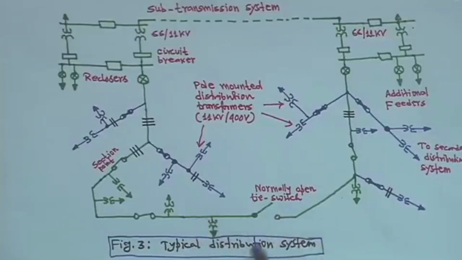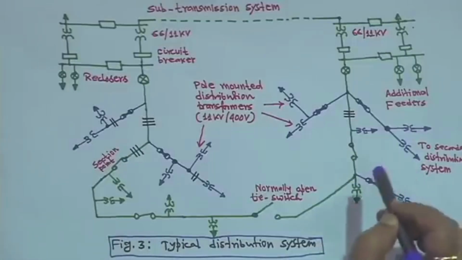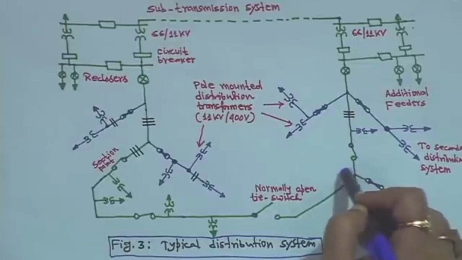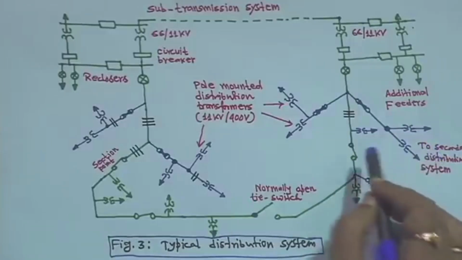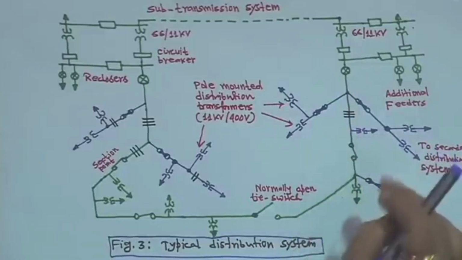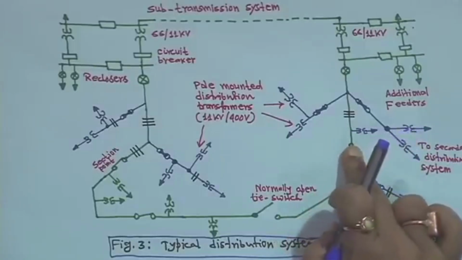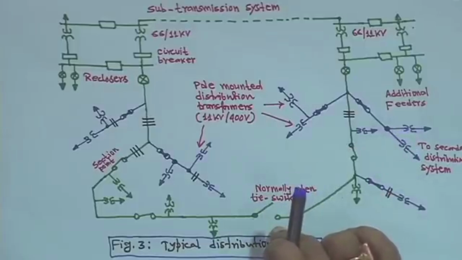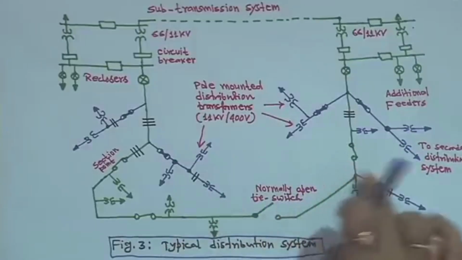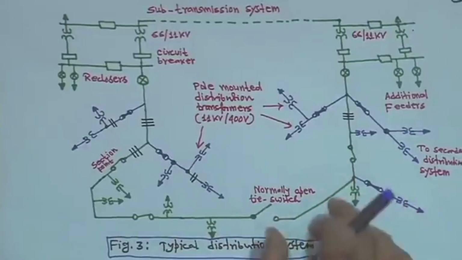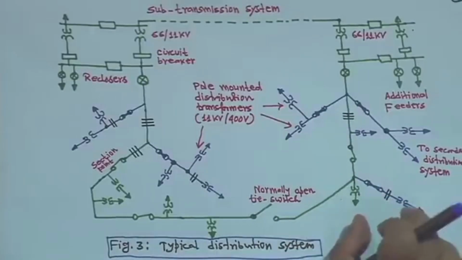As long as power is being supplied from both sides and there is no fault or outage of the line, things are okay. But suppose some fault has occurred here, or here, then this line can be isolated, and this should be closed such that power can come through this and supply the affected zone.